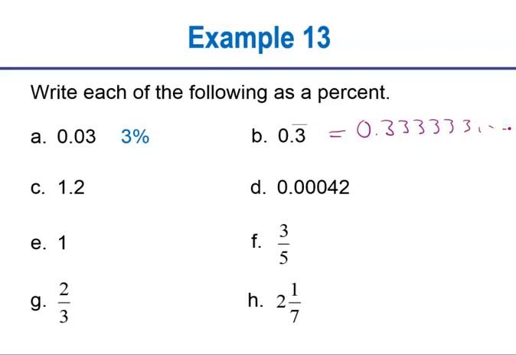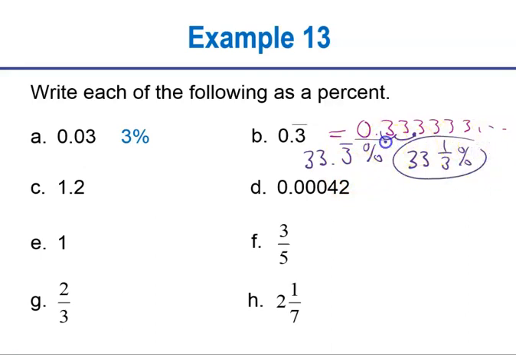And I move the decimal 2 places to the right, this gives me 33.3 still repeating percent. Now we already know that the 3 repeating is 3/9, which is actually 1/3, so 33 1/3%. Both of these are correct. You have to have the line over that 3 though, so either one of these is correct.